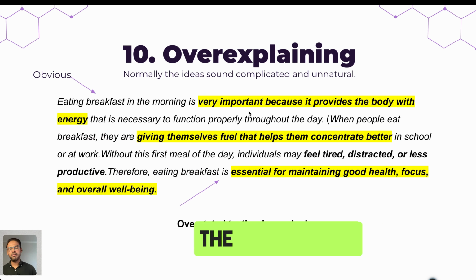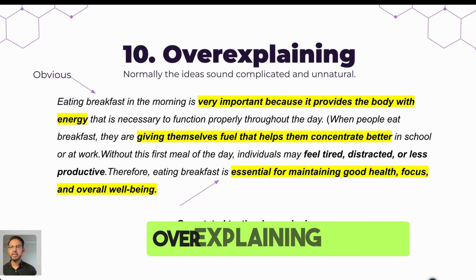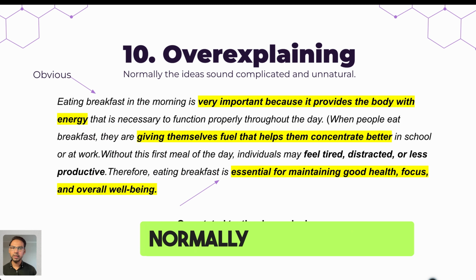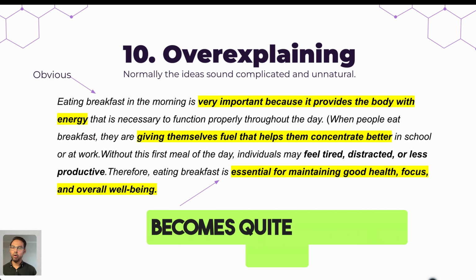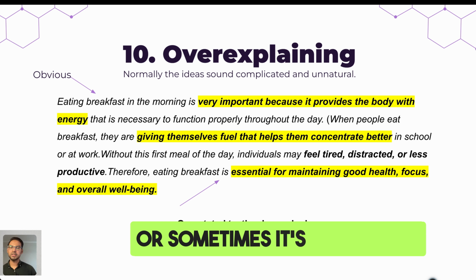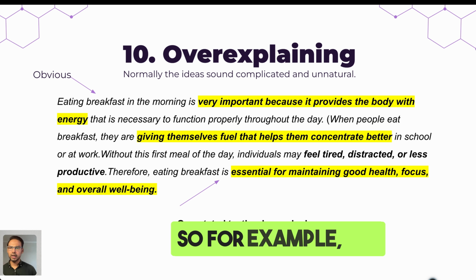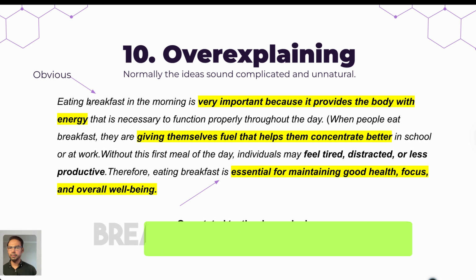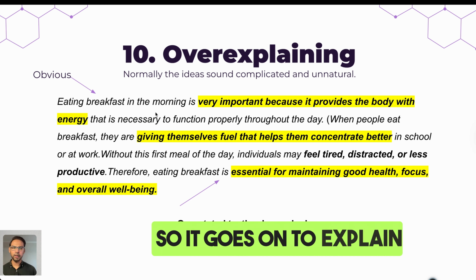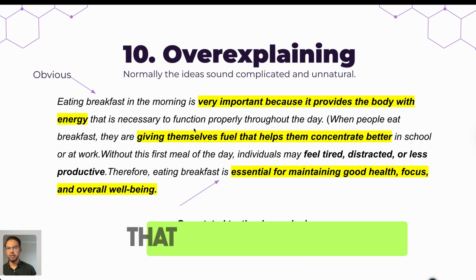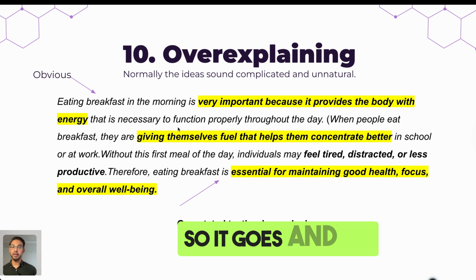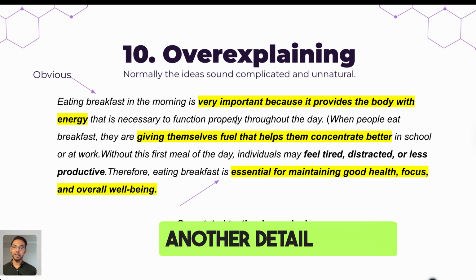The final sign is over-explaining of ideas. Normally, the ideas sound complicated, unnatural, so it becomes quite obvious as well, or sometimes it's overstated. So, for example, this paragraph is on eating breakfast in the morning, so it goes on to explain why it's important, and then it makes an assumption that people do not know about something, so it adds another detail to that.